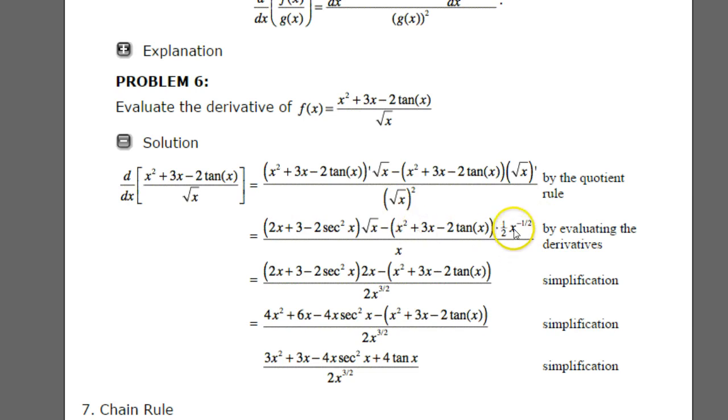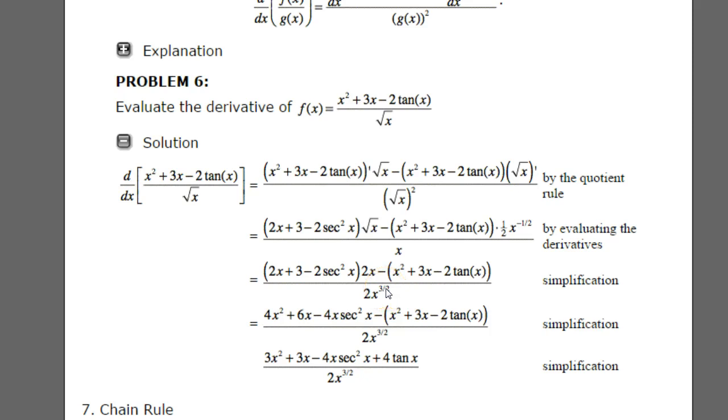If you notice, when I looked through this, I go from square root of x to 2x, and from 1/2 times x to the negative 1/2 to nothing, and on the bottom I go from x to 2x to the 3/2. What I did was multiply top and bottom by 2 square root of x. When I did that, this became 2x, this became just nothing because there's nothing there, and this one became 2x to the 3/2.